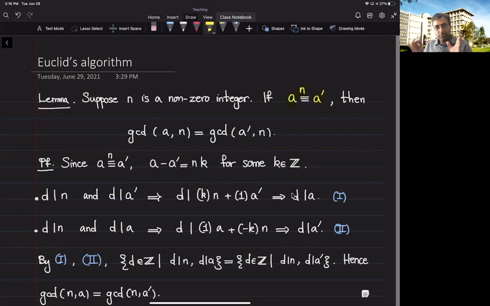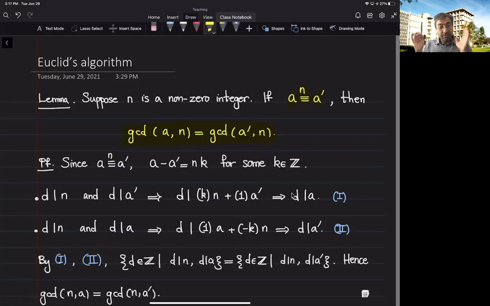So if A and A prime are congruent mod n, then A and n have the same GCD as A prime and n. So that's the claim. And we'll see the connection between this and Euclid's algorithm.